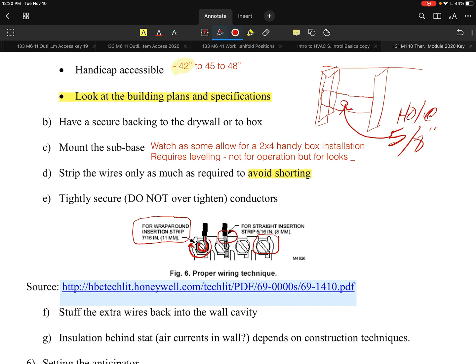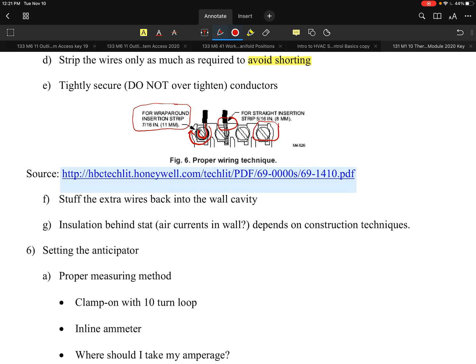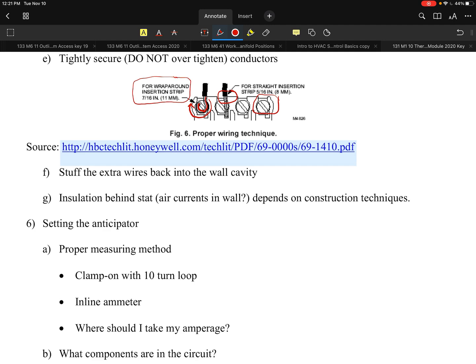I can't tell you how many times I've gone on jobs and seen a technician put it in backwards, and there is no reason to do that. As you tighten that screw down, it's going to grab that wire and tighten the wire, and maybe pull it in even. If you do it the opposite way, it actually turns it out and pushes the wire away from the screw. So that's the idea you want to be a little bit careful on.